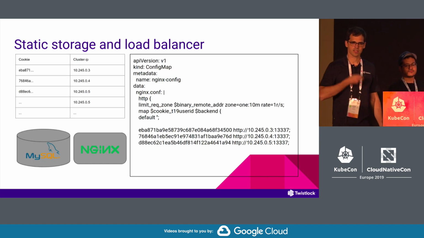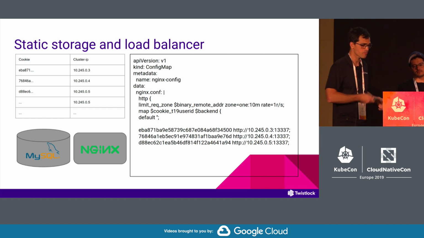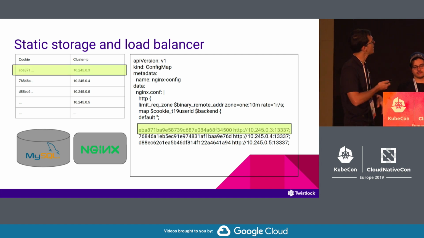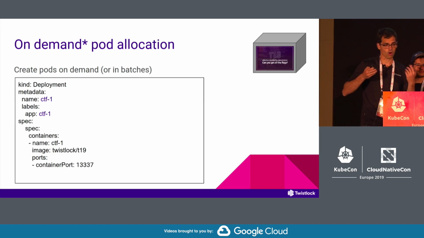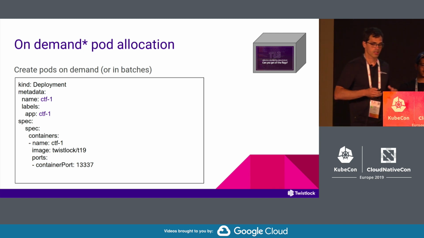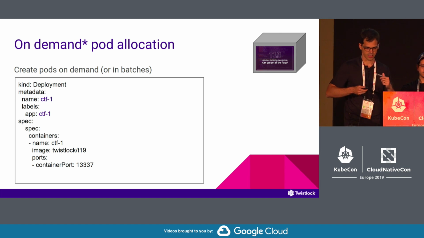The load balancer and the storage were statically configured, like we created 10,000 cookies and mapped them to 10,000 services. Everything was statically allocated. As you can see here, we have the cookie of the user, the cluster IP, same in Nginx, everything is the same. And the final piece is the on-demand pod allocation. So the instances the user was going to use were not created in advance.